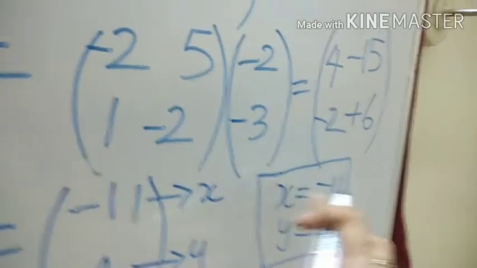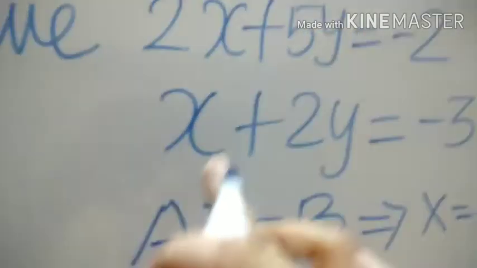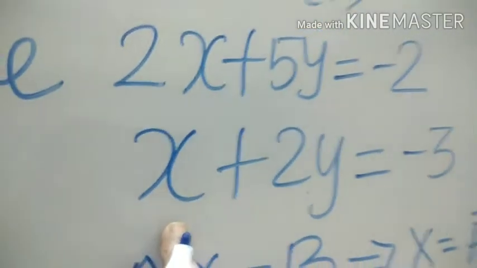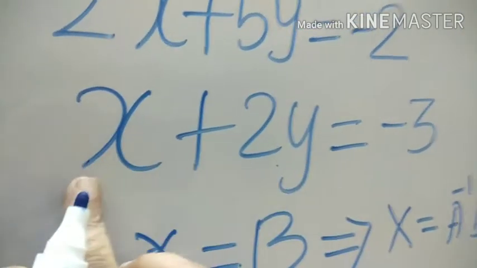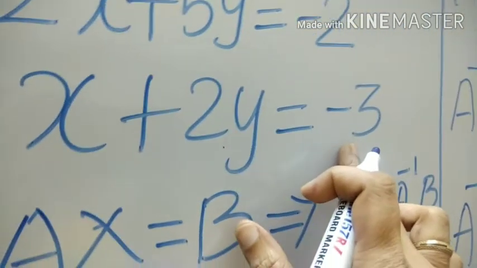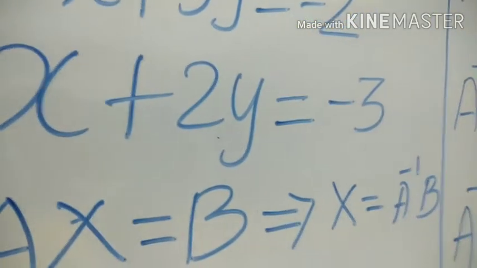We shall cross verify by putting x as minus 11 and y as 4 in the given equation. x is minus 11, plus 2 into the y value 4 means 2 fours are 8. Minus 11 plus 8 equal to minus 3. As we get the answer, it is good that we cross verify the answer.